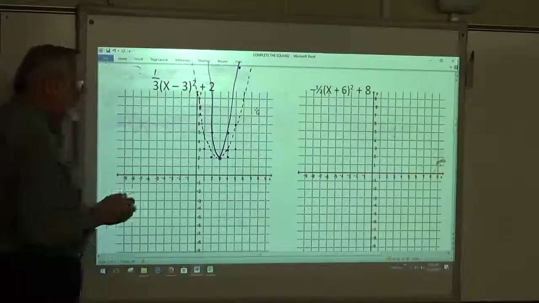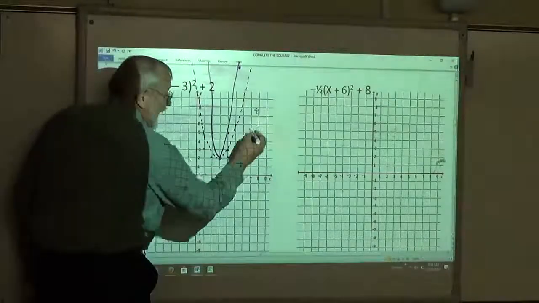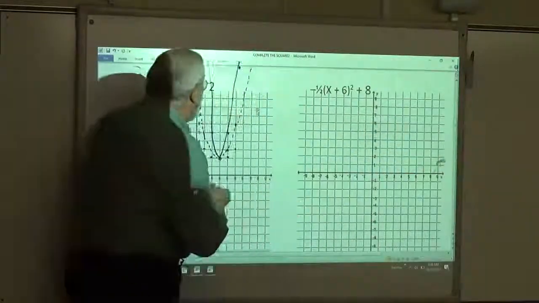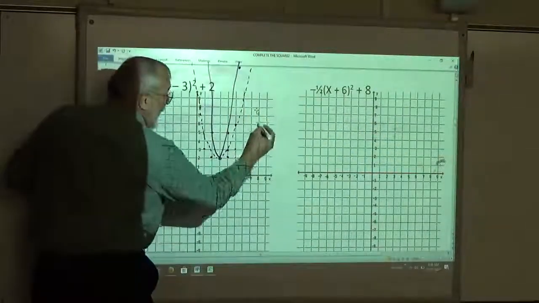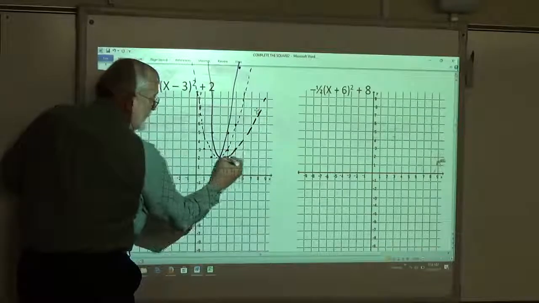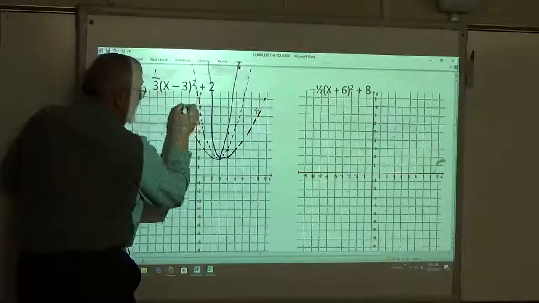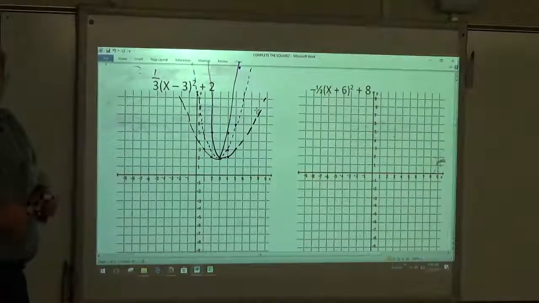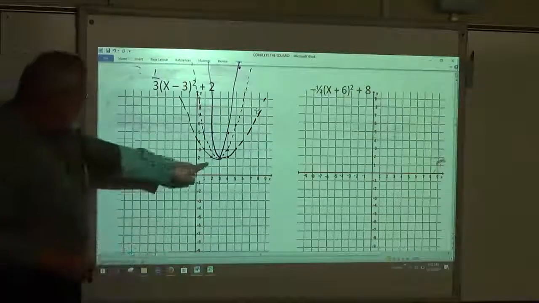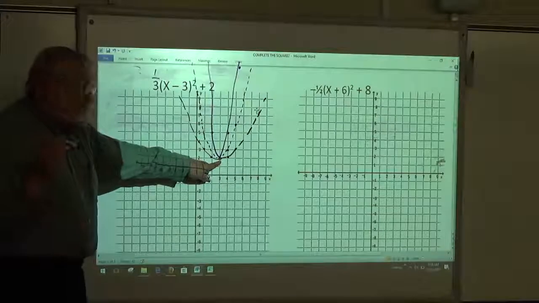So you're going to have a very skinny graph for the times 3, and a very fat graph for the 1/3.